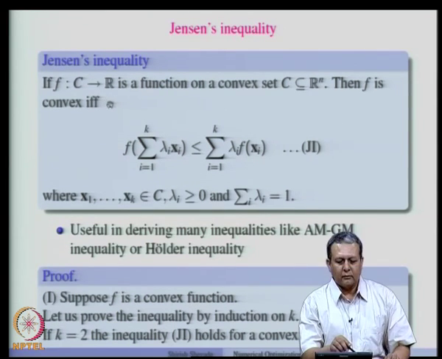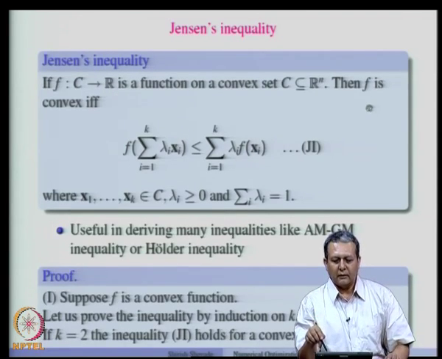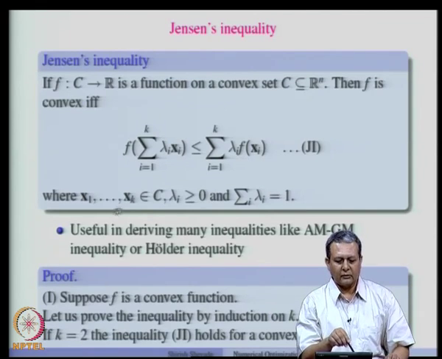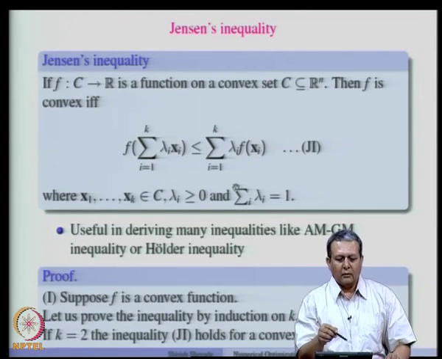if we take a function f from a convex set to the set of real numbers, then according to Jensen's inequality, f is convex if and only if this inequality holds, where x1 to xk belong to the set C, lambda_i's are non-negative and sigma lambda equal to 1.